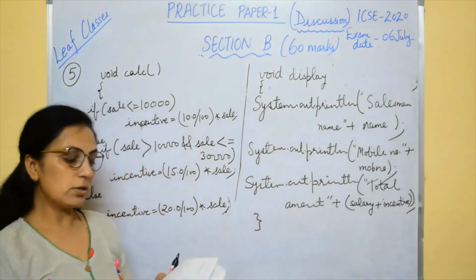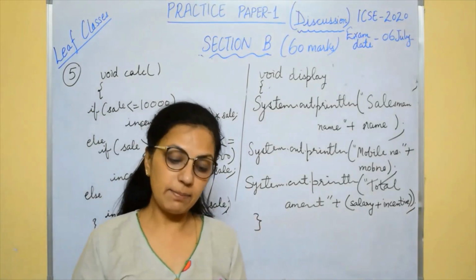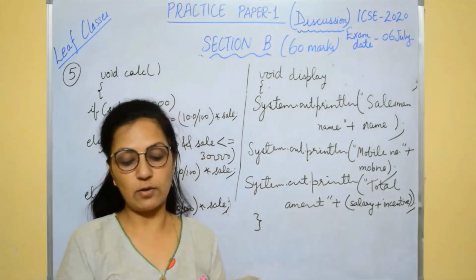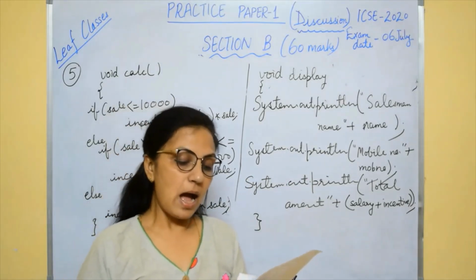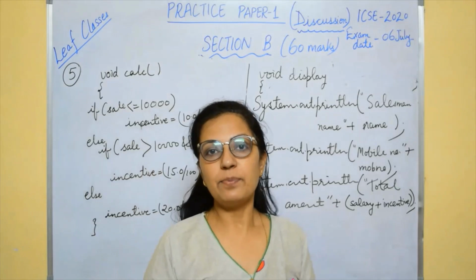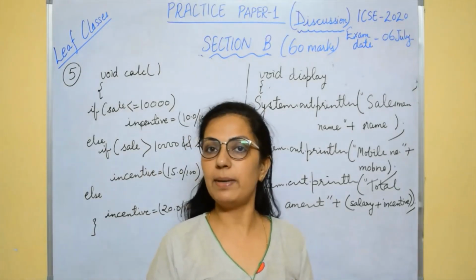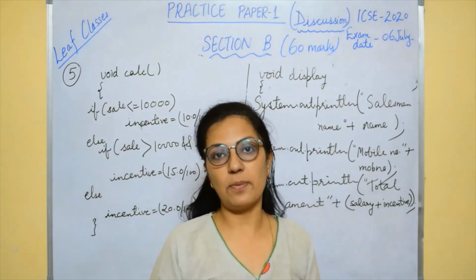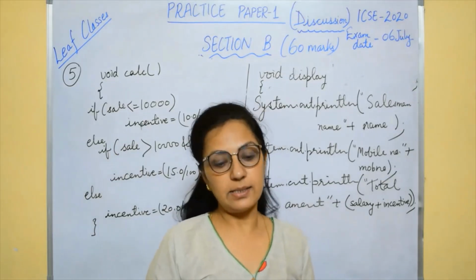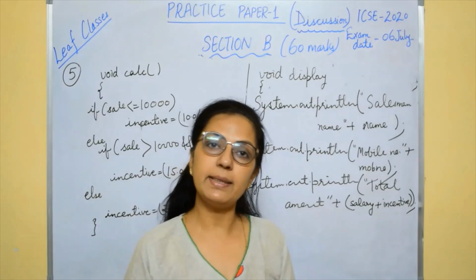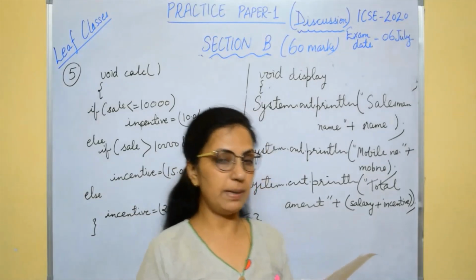Now the question also says, write a main method to create an object of the class and call the above member methods. Sometimes in the question it is not mentioned that you have to create main method, then it is always optional. But when it is asked in the question to write the main method, you must write the main method.